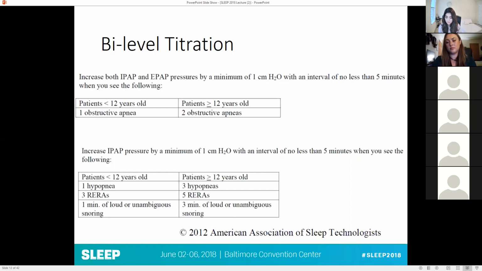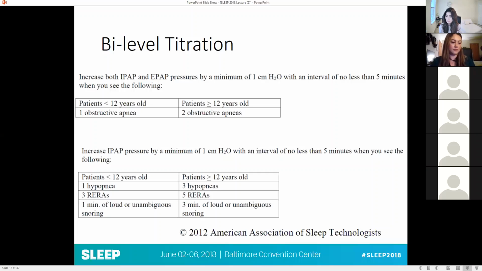Respiratory event related arousals are not technically scored in all sleep studies, but if someone's having a lot of these respiratory events that don't quite meet the criteria for hypopnea or apnea, that's when we may increase someone's IPAP to see if that helps get better sleep efficiency during the night.